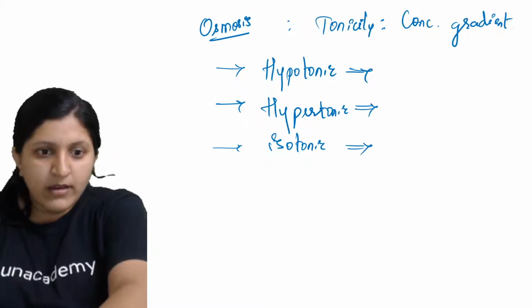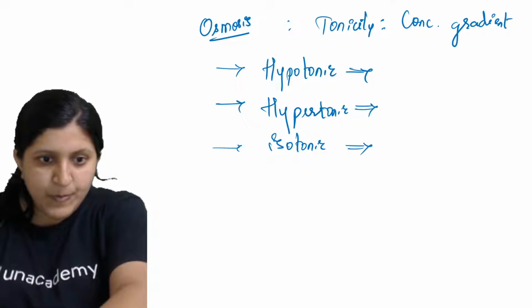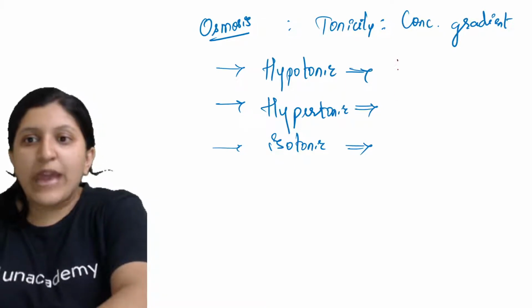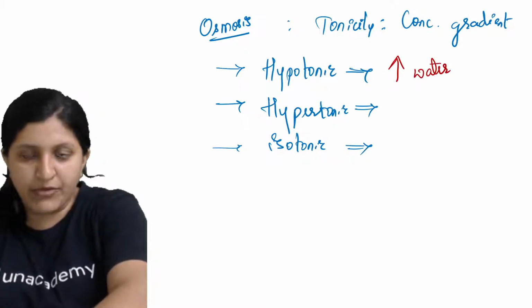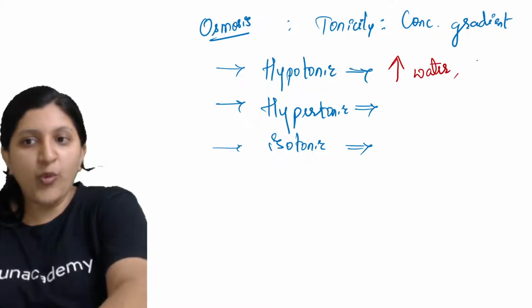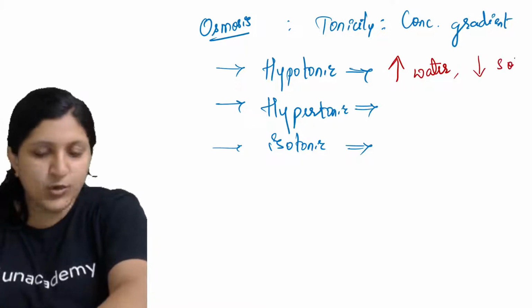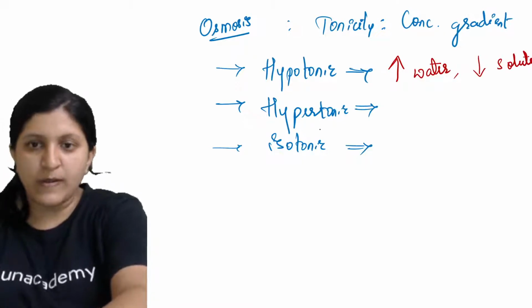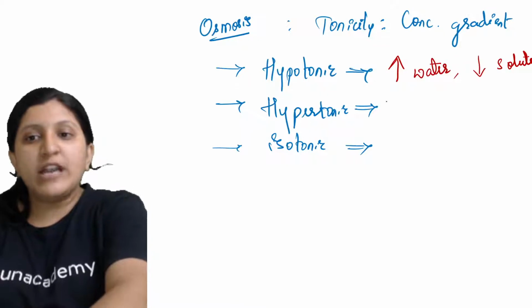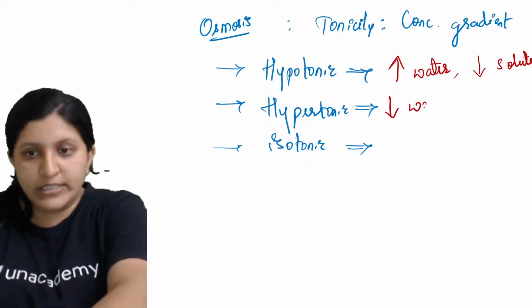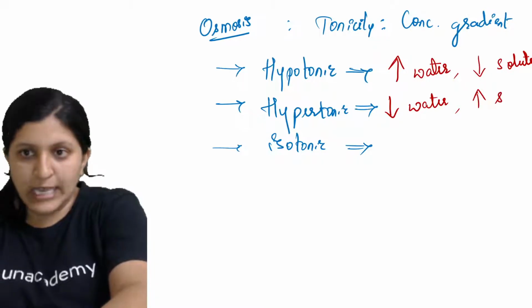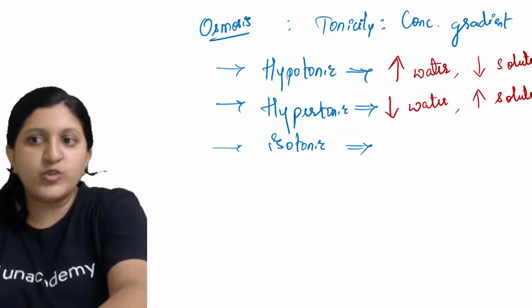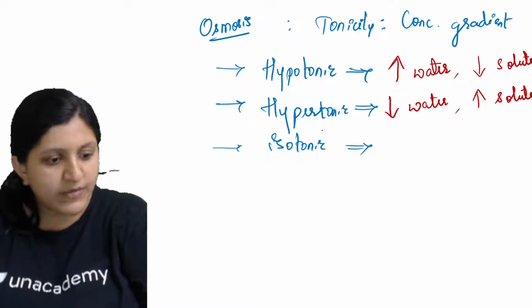In the hypotonic case you can find more water and less solute. So in hypertonic, what is the condition? Less water is there, and there is more solute. So this is with respect to the hypertonic condition.